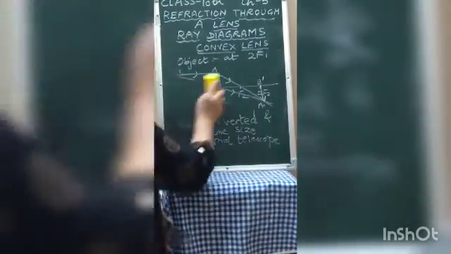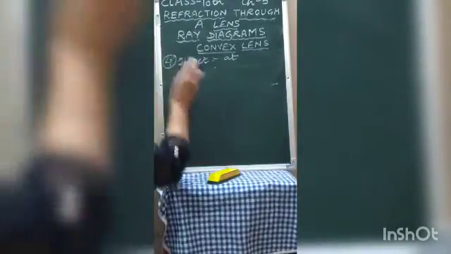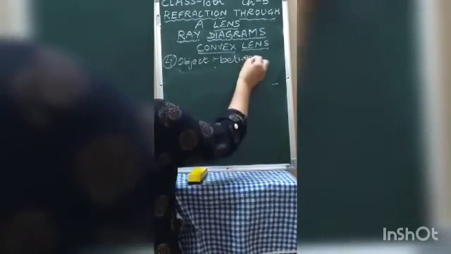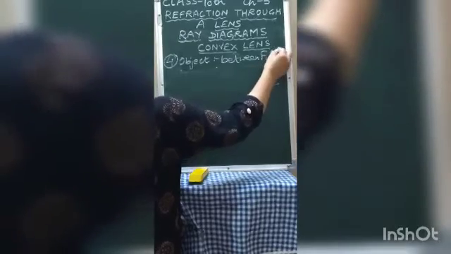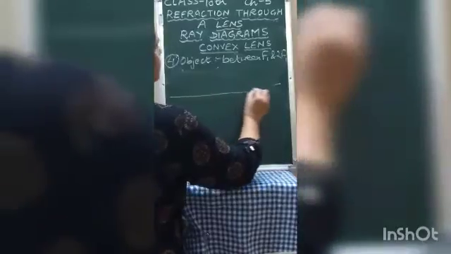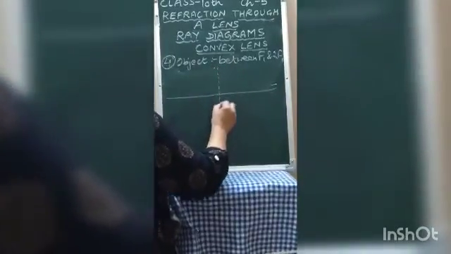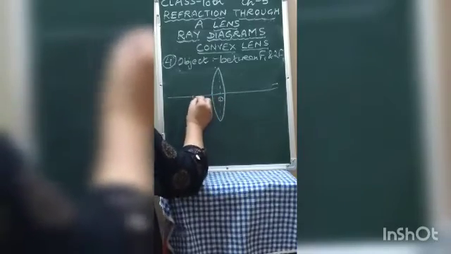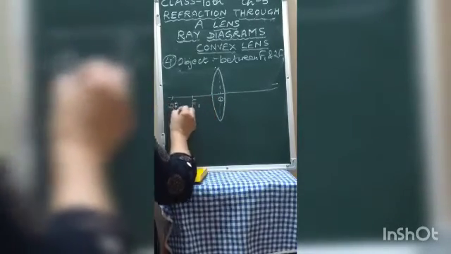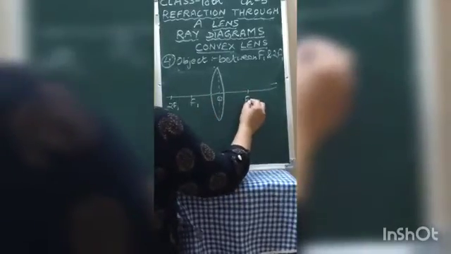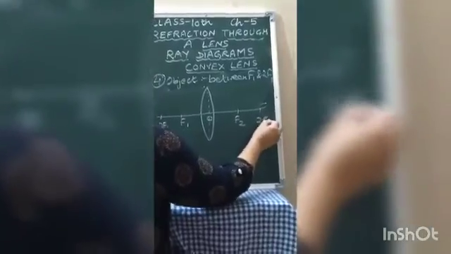Now children, we'll move on to the fourth case. Object is between F1 and 2F1. Same way, draw the principal axis, show the lens, mark the optic center, F1, 2F1, same, you can take 2 centimeter distance, F2, 2F2.